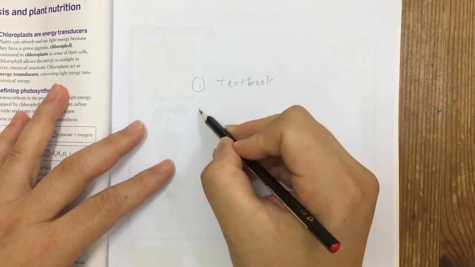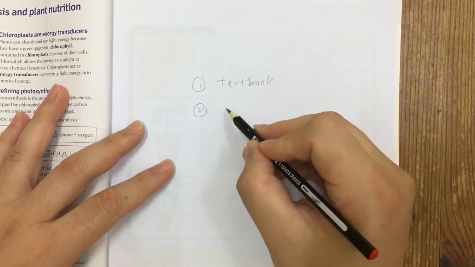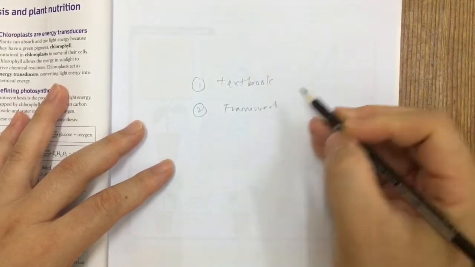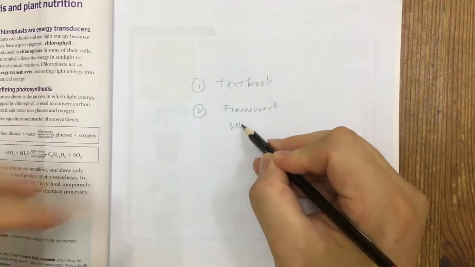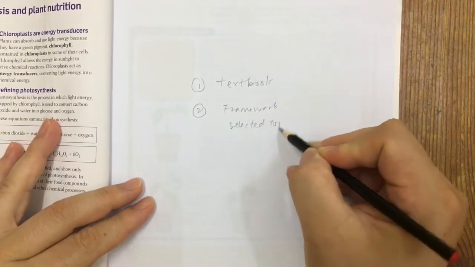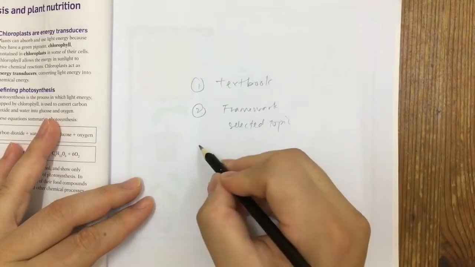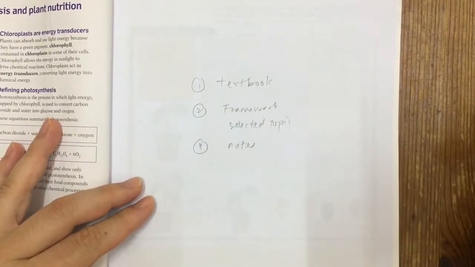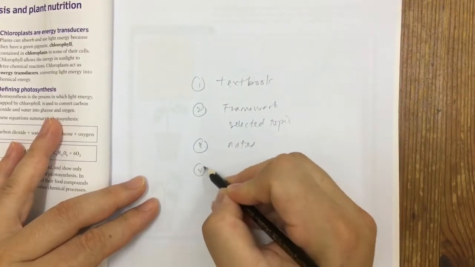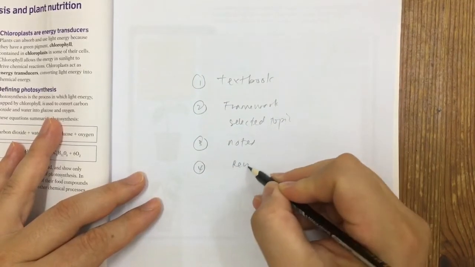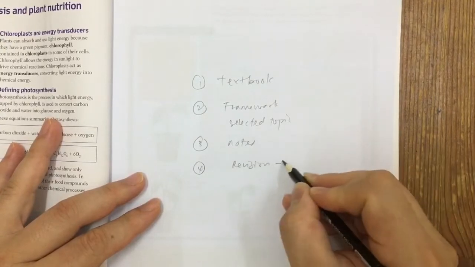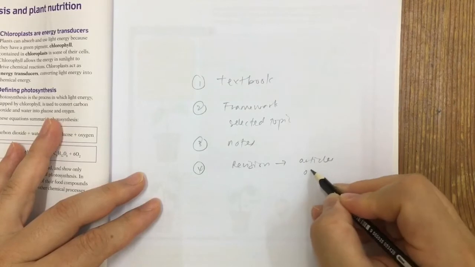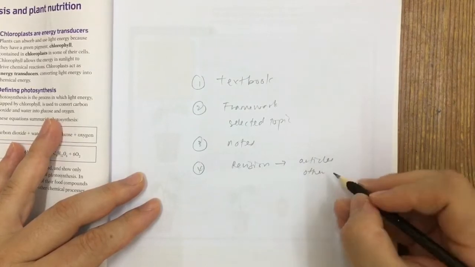And then you may listen to my framework and selected topics just like today's. Number three, you may make your own notes just like me. Number four, you must do your revision, articles, any other source that you like, YouTube.